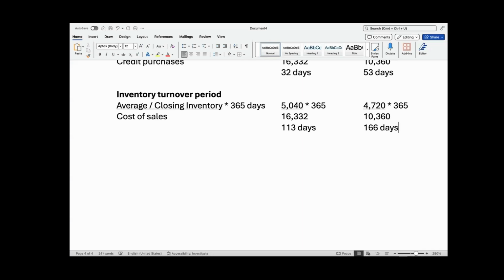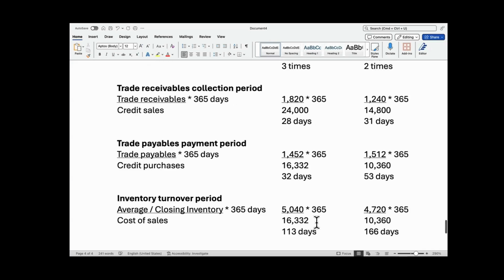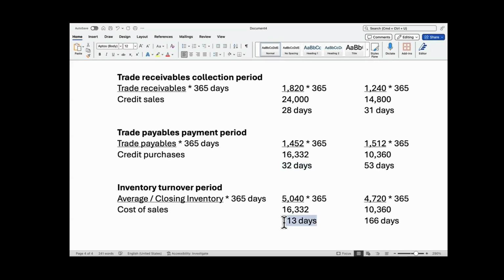For me now, I think I can justify why its suppliers are not ready to give him an extended period, because 113 days, that's a lot. That's over 3 months to sell. It's delaying the supplier's money.